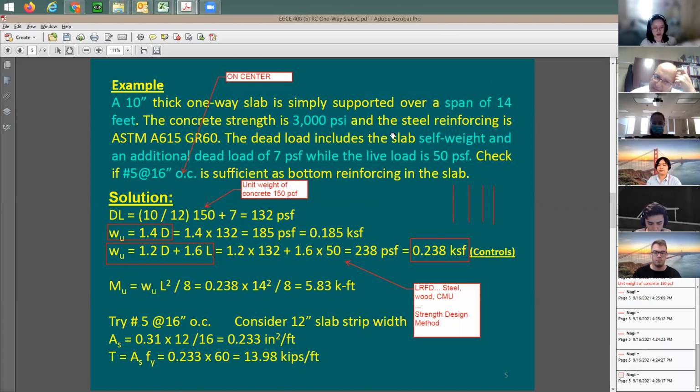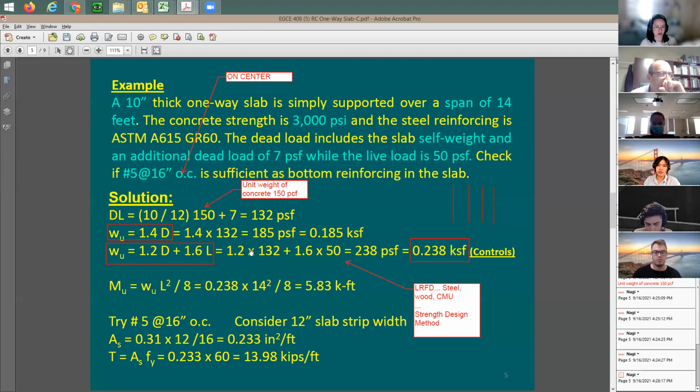To confirm my answer about your question, it is true, yes, that you're going to try both of these two load combinations and then you take the larger of the two. I want to hear for a second: if I put here the live load to be only 10 PSF, which load combination do you think is going to be controlling your design?